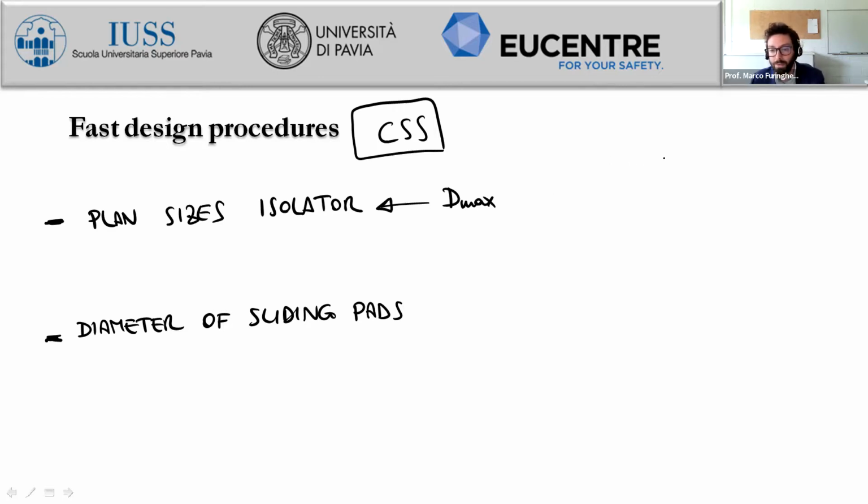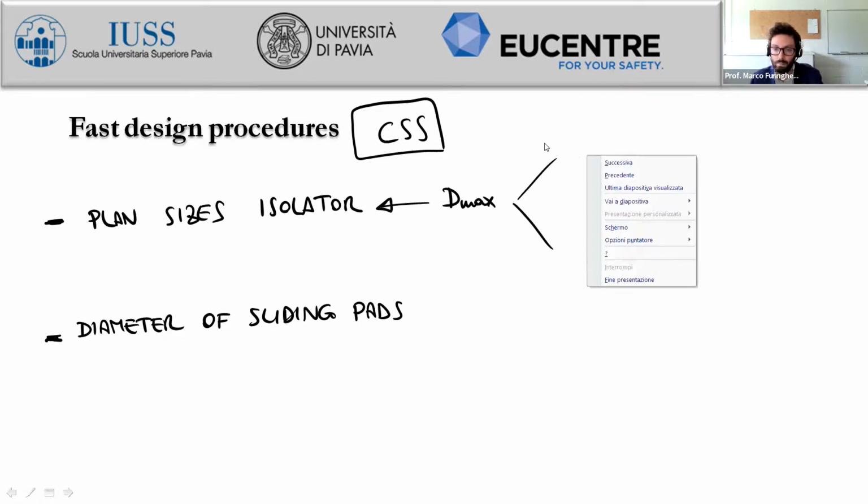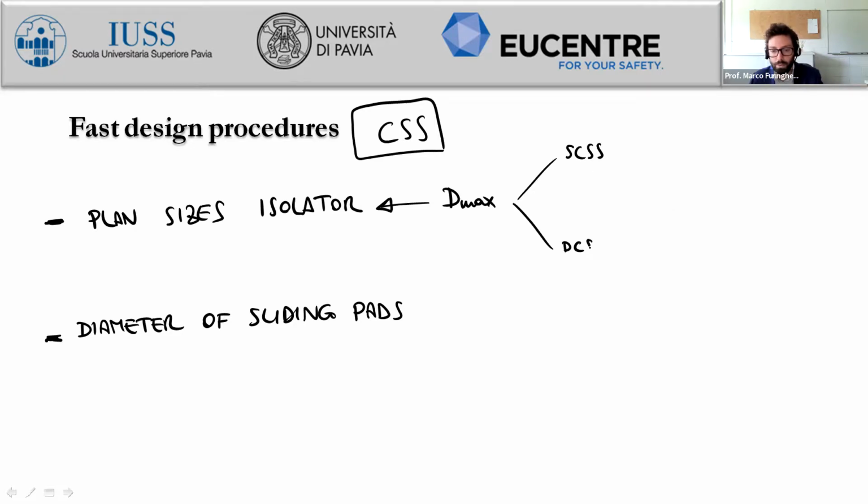So if we have the single curved surface slider or double curved surface slider, we need to provide the main sliding surface large enough to accommodate the maximum displacement.